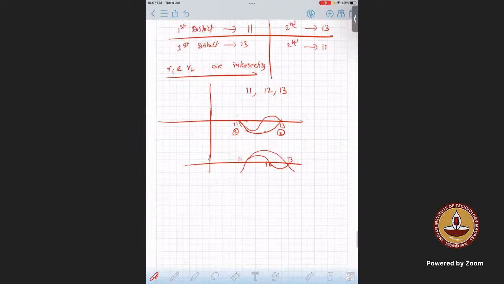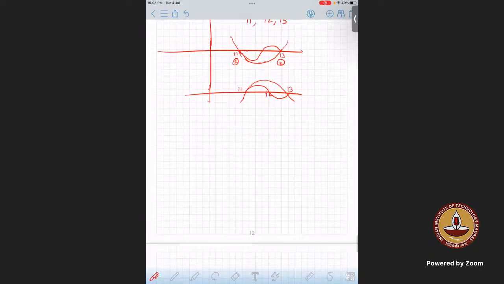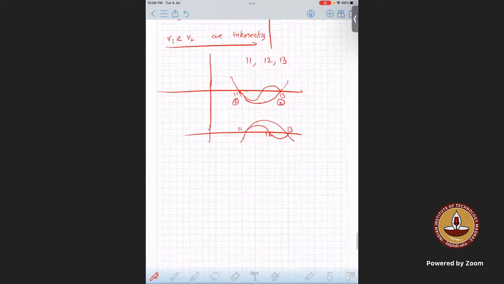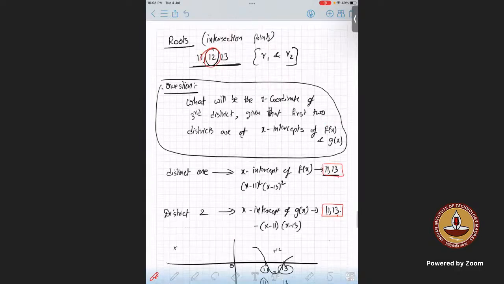District 1 and 2 must be connected by a road passing through district 3. So the other possible point is only 12. Other than these two, both intersect at the common point 12. Both roads R1 and R2 intersect at 12.